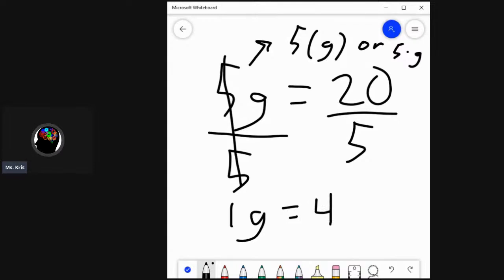Okay, so once I bring down my 4, then of course 1g is the same as saying 1 times g. So 1 times g is g, and that g equals 4.